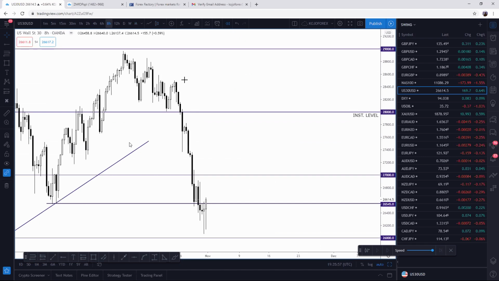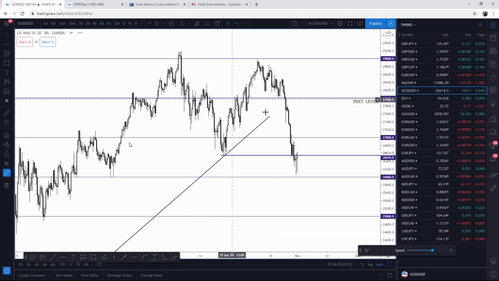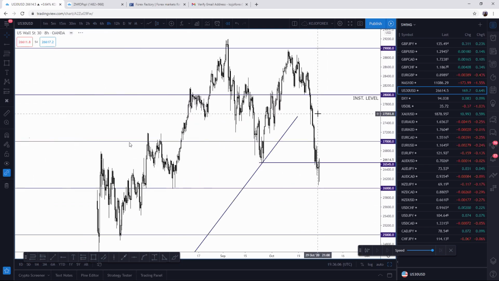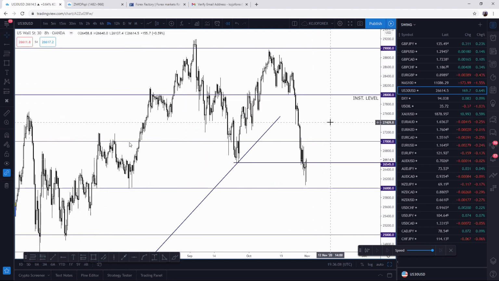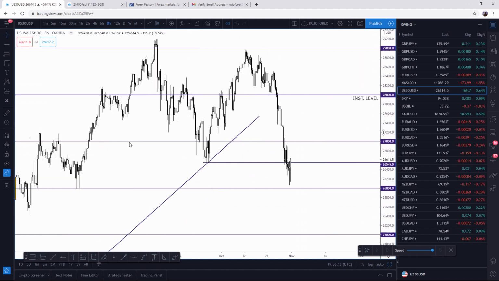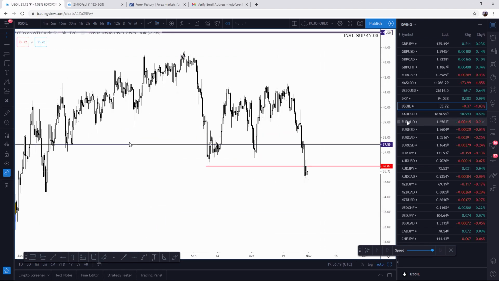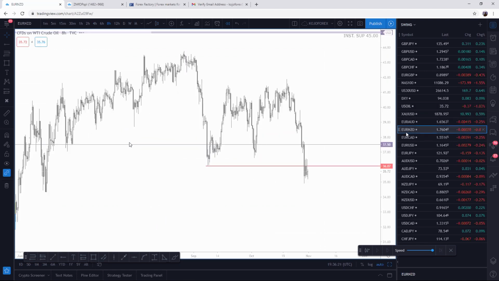Then we looked at market structure, understanding highs and lows, double top, double bottom, triple top, triple bottom, and how they affect trend change. And then we've looked at the trend line, and we've seen the power of the third touch, and how to trade the third touch even if the market is trying to trick us.